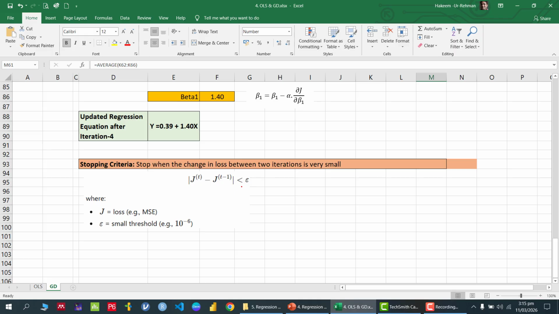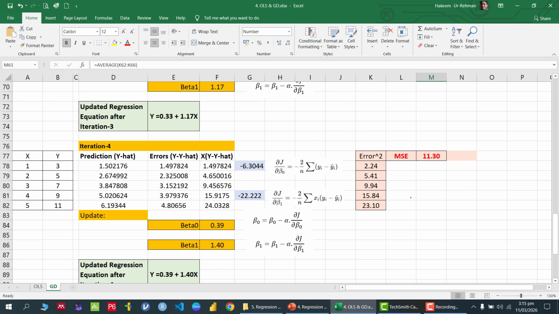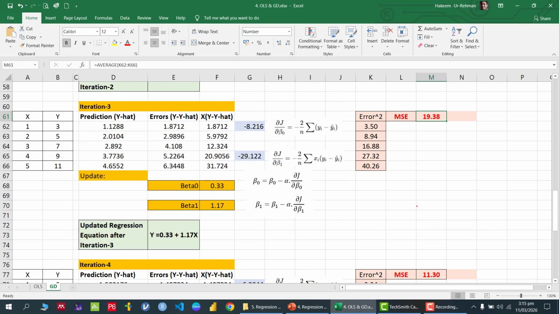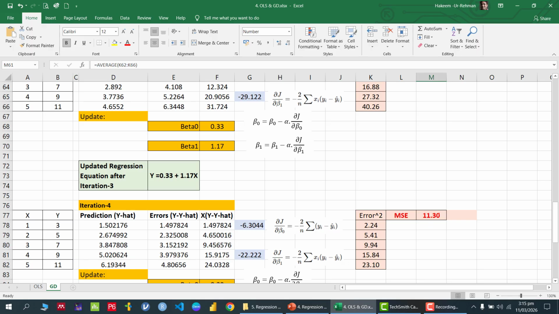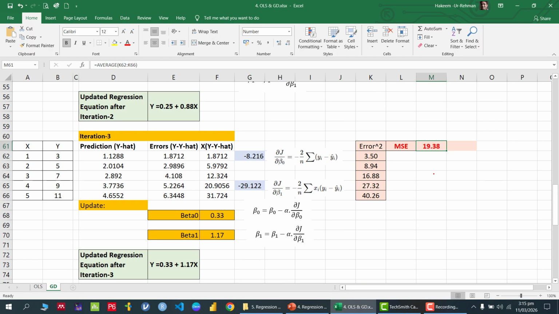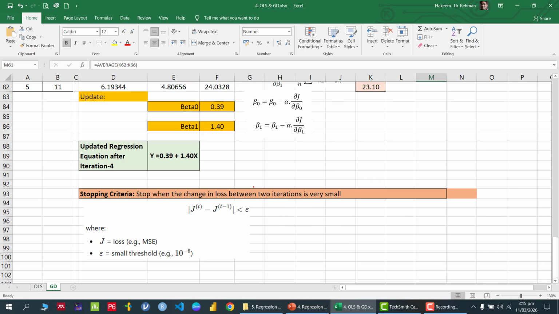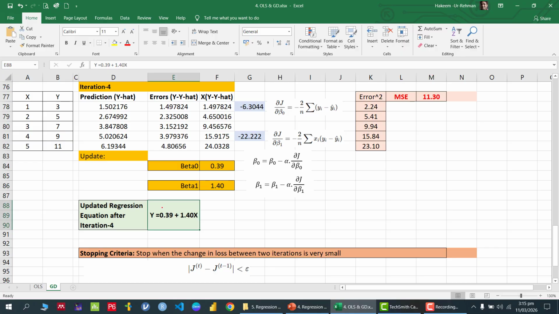You can decide on a threshold, say 0.0001, whatever value you choose. So you stop when the difference between this iteration's mean square error and the previous iteration's mean square error is quite small. Then we stop, and that would be our final beta naught and beta 1.